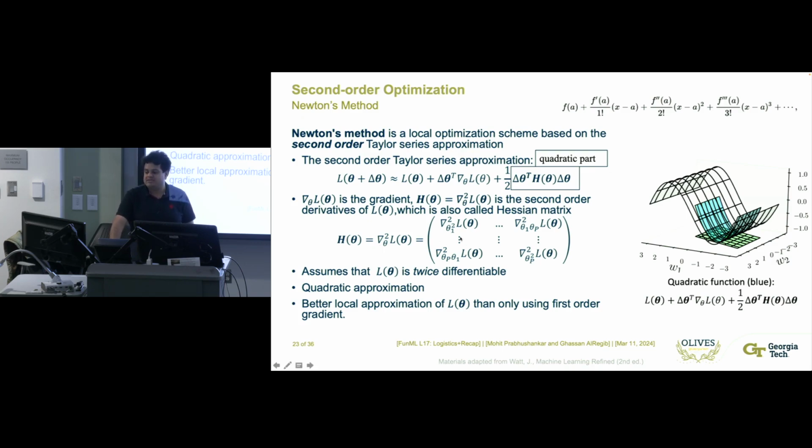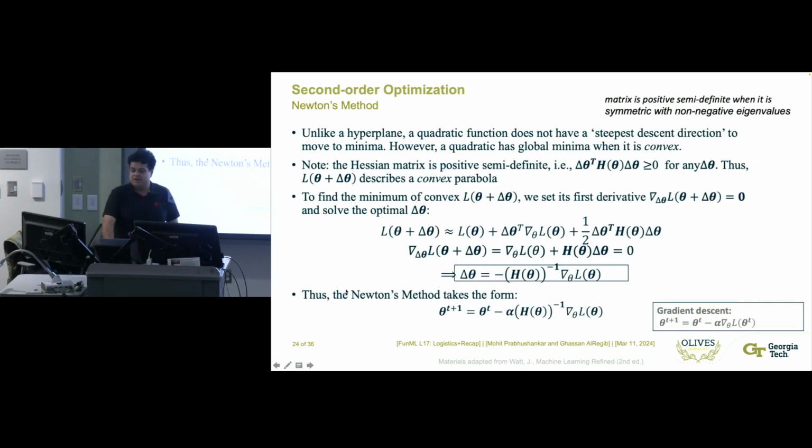Once you have this kind of a Hessian matrix, which we'll call a quadratic approximation, your output or the best set of parameters is going to be minus H of theta inverse del theta L of theta. And this is going to be, sorry, not this. This is Newton's method. I think this is the one that should have been within the rectangle. Your next set of parameters in this next iteration, theta t plus 1, is given by theta t minus alpha.